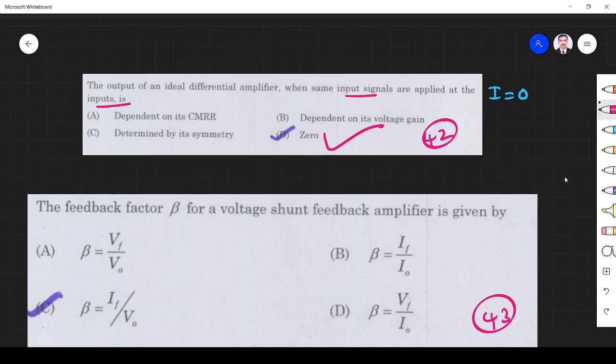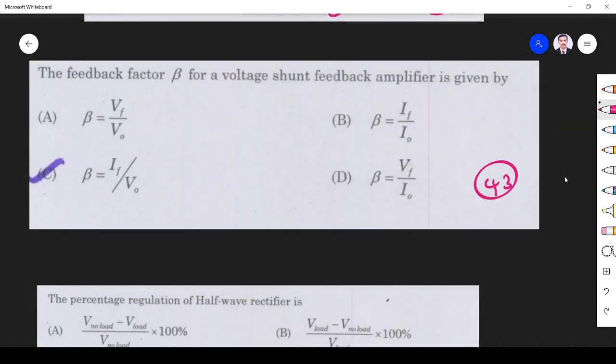Right? Next. The feedback factor for a voltage shunt feedback. Voltage shunt feedback factor is IF by VO. We must remember this. Feedback factor is feedback over output. So it is feedback current over output voltage.